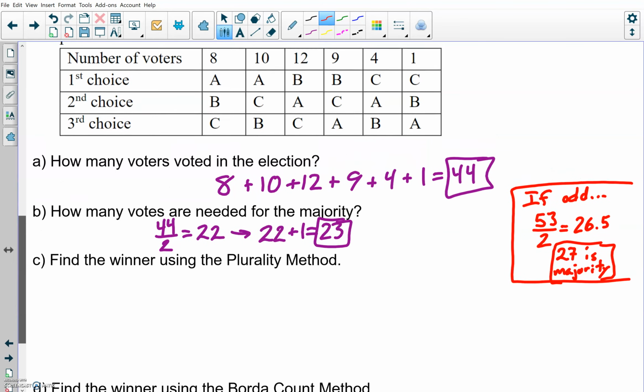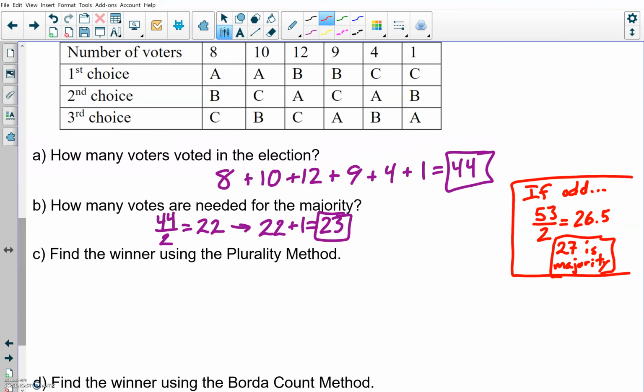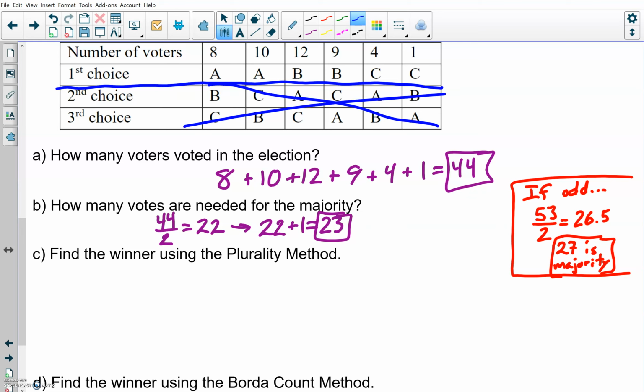All right, now we're going to find the winner using the method of plurality. And for this, we just need to focus on the first choices. We don't care about anything going on down here. It's only the first place votes. For A, again, just first place.